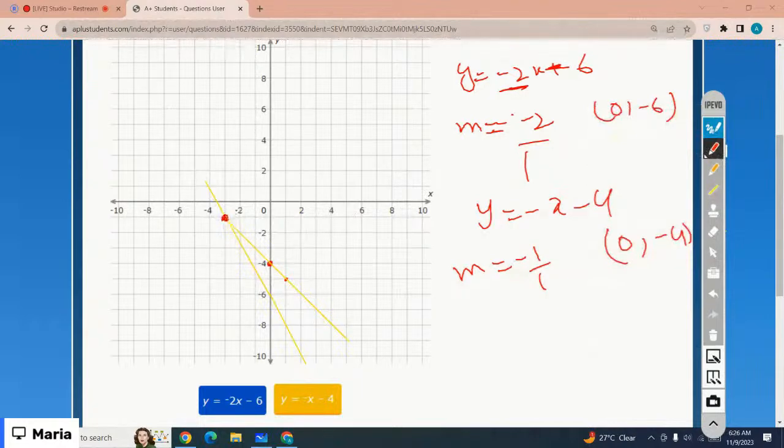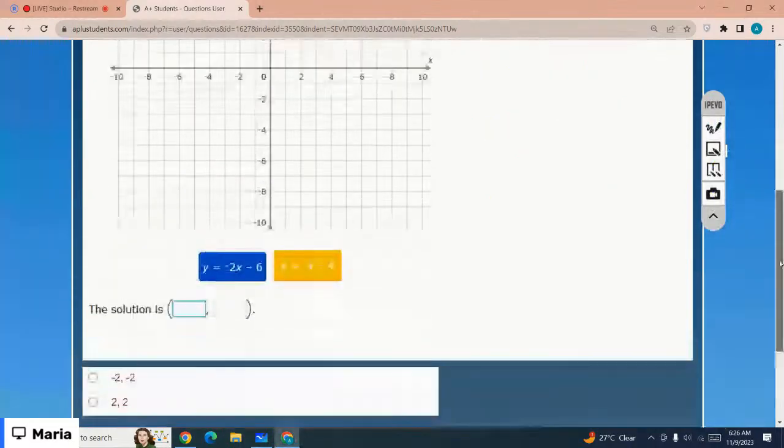So the point of intersection is x equals -3 and y equals 1. The point of intersection is, but still I moved a bit, right? So the point of intersection is -2 and 2. -2 and -2 would be the point of it. Here is the point of intersection, this one.